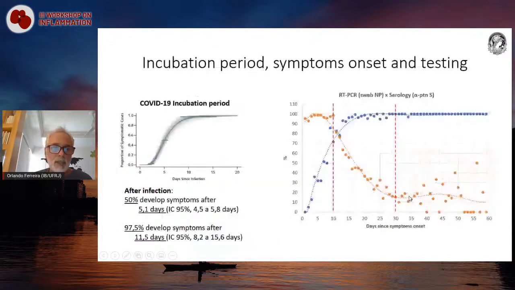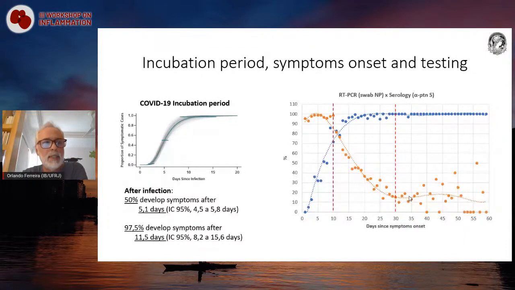So we used this assay along with the ELISA to detect all the immunoglobulin types to analyze the data in this cohort. I would say a few words about the incubation period, symptoms onset, and testing. The symptoms onset depends on the incubation period and also on how the patient perceives the symptoms of COVID-19, so it has a variation for each patient.